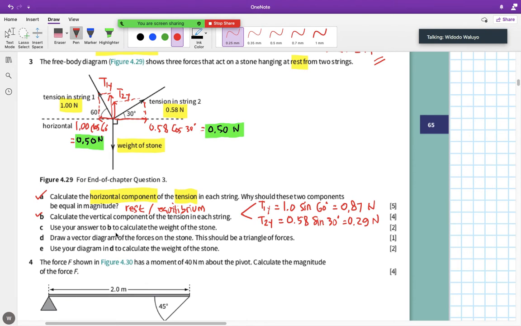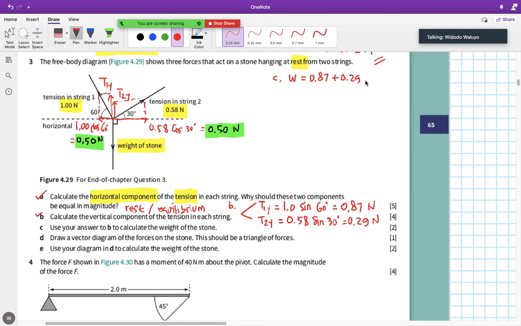C. Use your answer to B to calculate the weight of the stone. Here, this is for B, and here C. The weight of the stone equals T1y plus T2y, because at rest the total force vertically up equals the total force vertically down. So 0.87 plus 0.29.